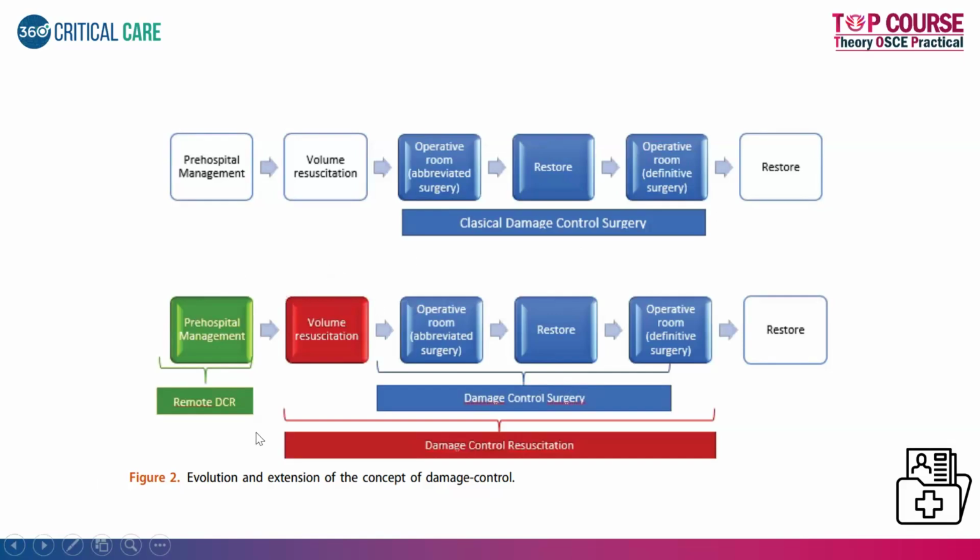Correct. So that is why they instituted that earlier initiation of damage control resuscitation would have better outcomes. So it starts with the pre-hospital management, goes on with consideration of optimal volume resuscitation, and along with that, the emergency surgery, that is your damage control surgery, restoration of hemodynamics and physiology, and then progressing towards a definitive treatment which restores homeostasis. Okay, so this is the evolution of damage control surgery.